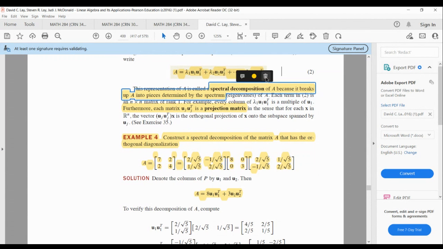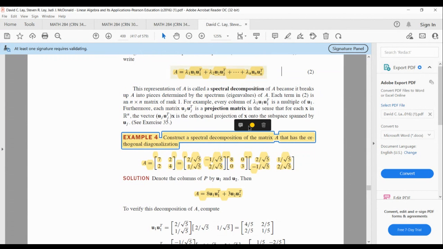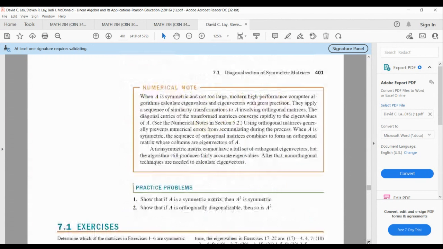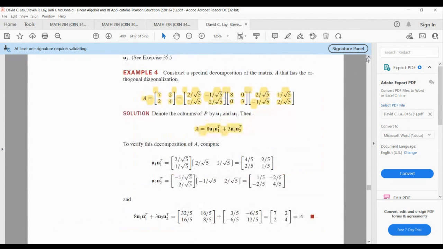Let me just take off a few things. Right, so in example 4, by that formula 2 above, the matrix A can be written this way, and you compute U1 times U1 transpose.